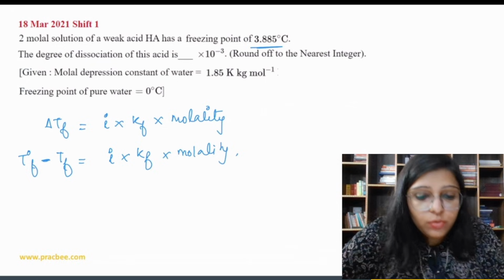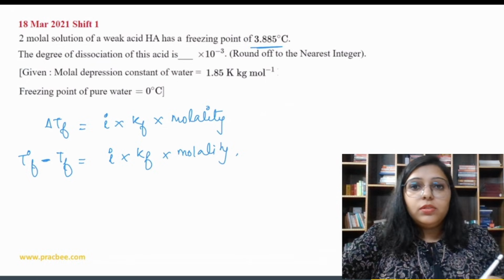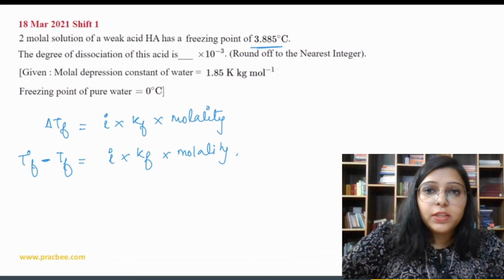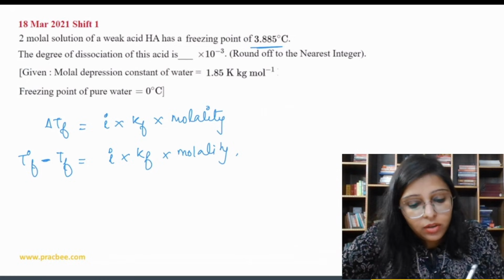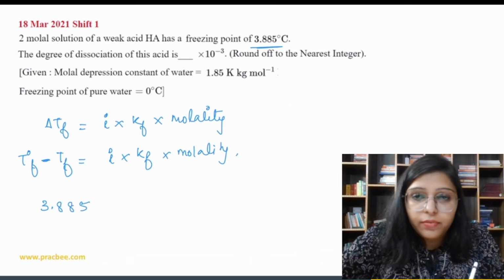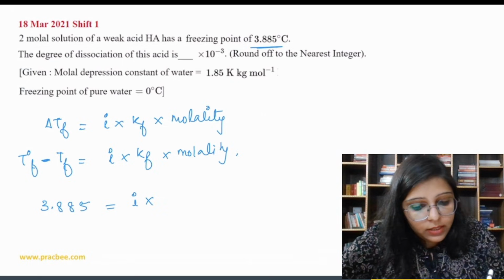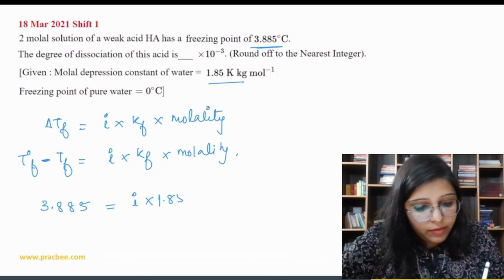So now when you solve this completely, what do you get? The freezing point depression is this much, 3.885 and so on. So let's write over here 3.885, right, is equal to i. The Kf value is given, that is 1.85, and molality is given as 2 molar.